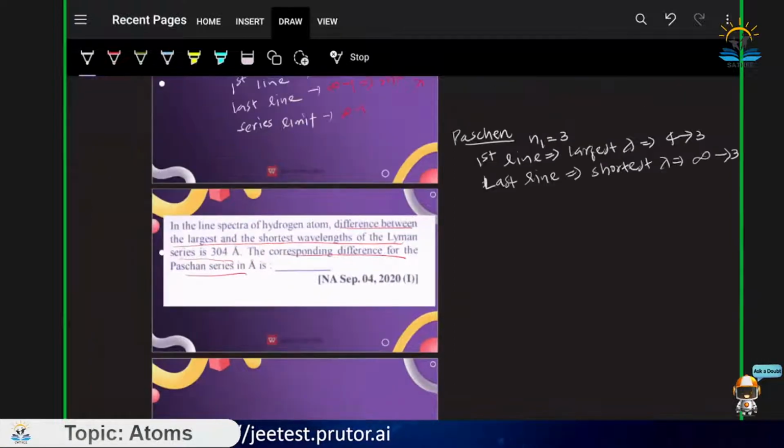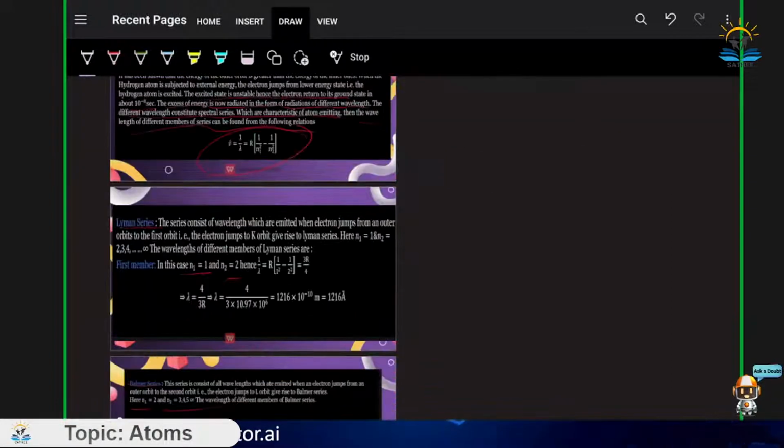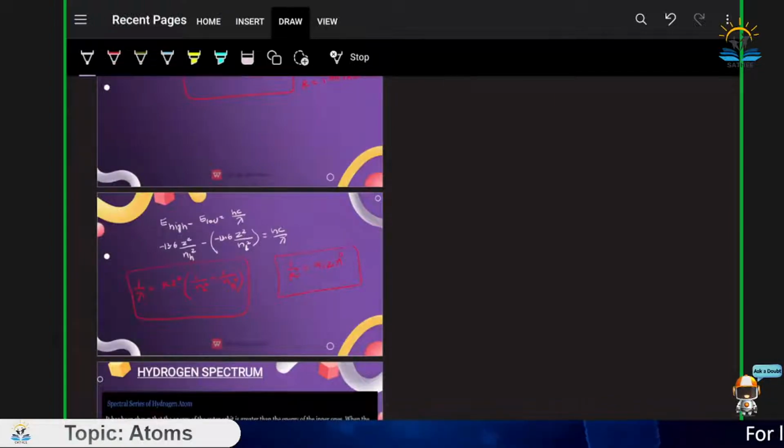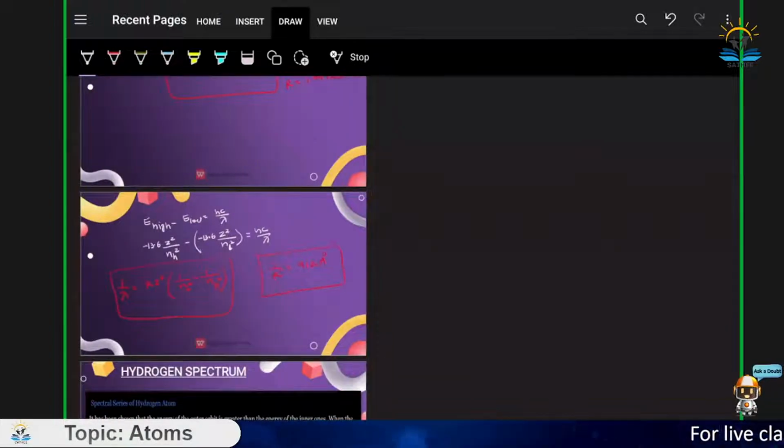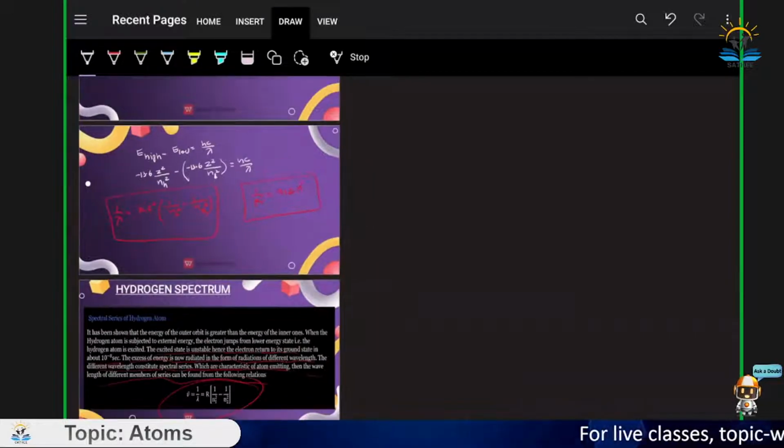So what's the formula? 1 by lambda equal to R z square into 1 by nl square minus 1 by nh square. That's our formula.